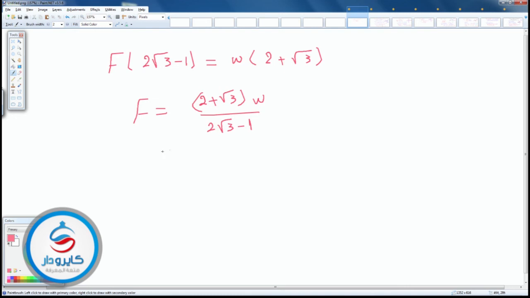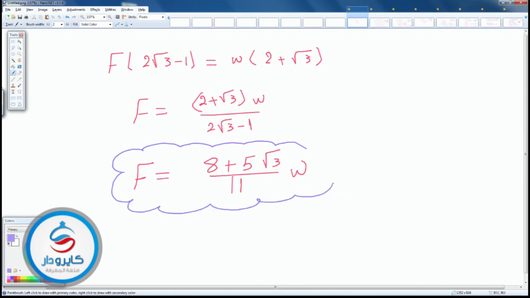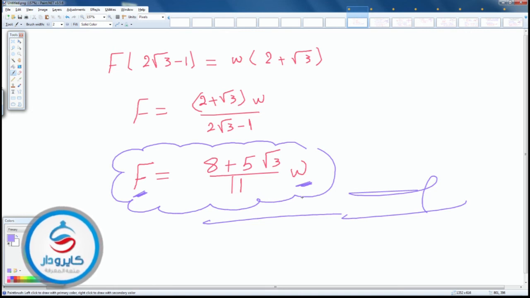By solving using the conjugate of the denominator, we get F equals 8 plus 5 root 3 over 11 W, and this will be the value of the horizontal force. The value depends on the weight of the body. That was the first case.